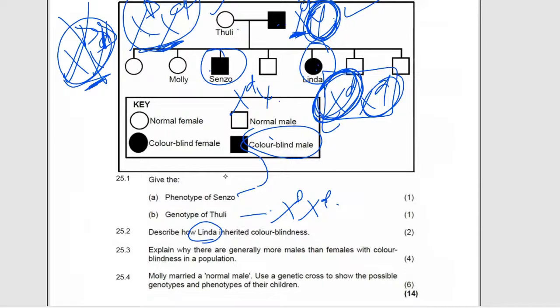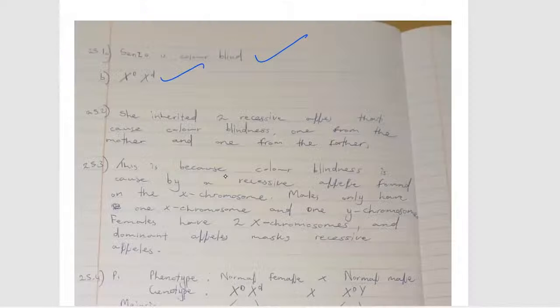Explain why there are generally more males than females with color blindness in a population. And remember, this is sex-linked. So let's find out. Colorblindness is caused by a recessive allele found on the X chromosome. Males only have one X chromosome and one Y chromosome. Females have two X chromosomes, and a dominant allele masks the recessive allele.